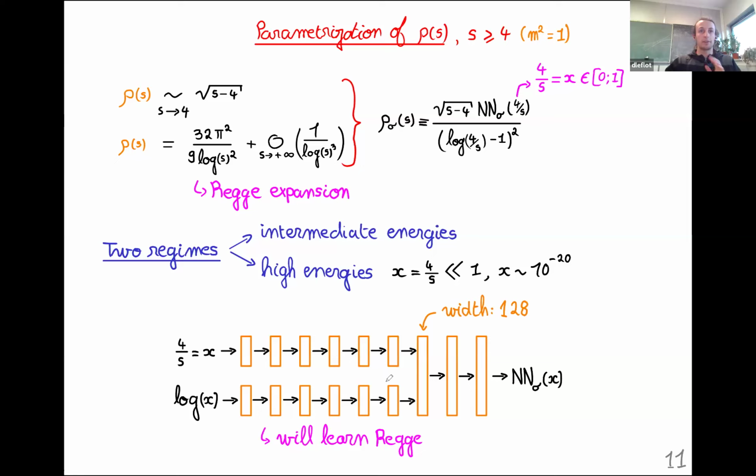But yes, in conclusion, the fact that we fixed the boundary condition really helps the neural network during training. If you just set rho equal to the neural network, the training won't always manage to find a good solution.